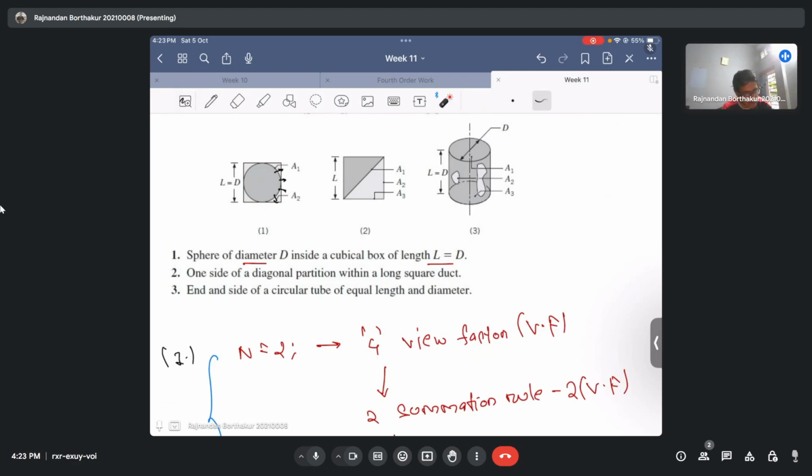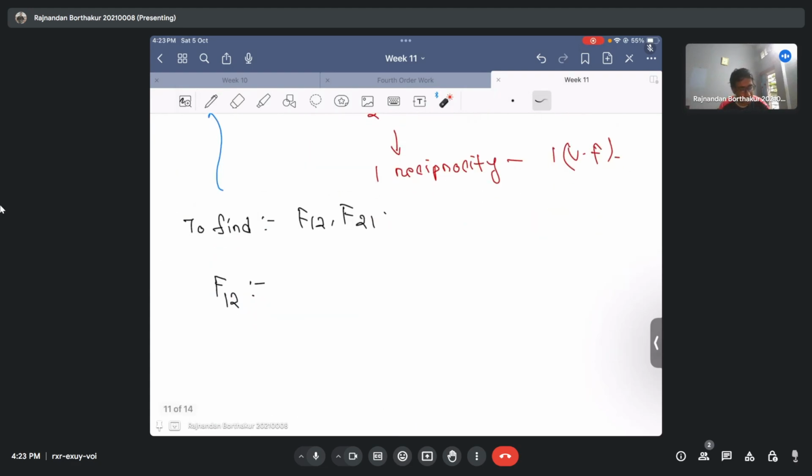All of the radiation coming from surface 2 has to be intercepted by surface 1 itself, right? Because this sphere is completely enclosed by this cubical box. Since the sphere is radiating in the outward direction, whatever radiation goes out of the sphere has to be intercepted by all the walls of this cube. Which means just by inspection, I can write that f21 is equal to 1.